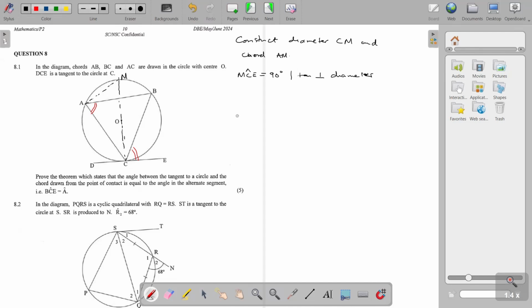Therefore, we can now conclude that angle BCE will be equal to 90 degrees minus the smaller angle, this one, which is angle MCB.